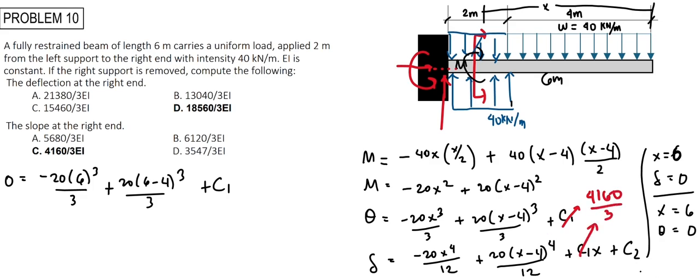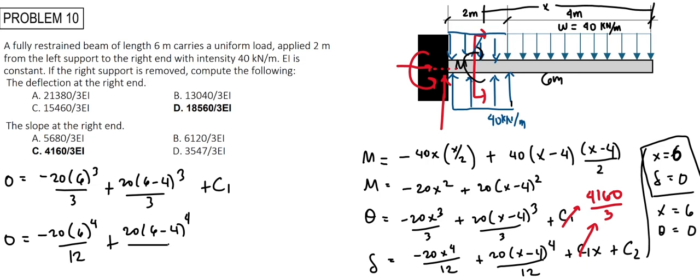And to solve for c sub 2, we will utilize the condition that at x equals 6 meters, the deflection is 0. So using the deflection equation, we have 0 equal to negative 20 times 6 raised to the 4th power over 12 plus 20 times (6 minus 4) raised to the 4th power over 12 plus c sub 1, that is 4160 over 3, times x equal to 6 plus c sub 2.